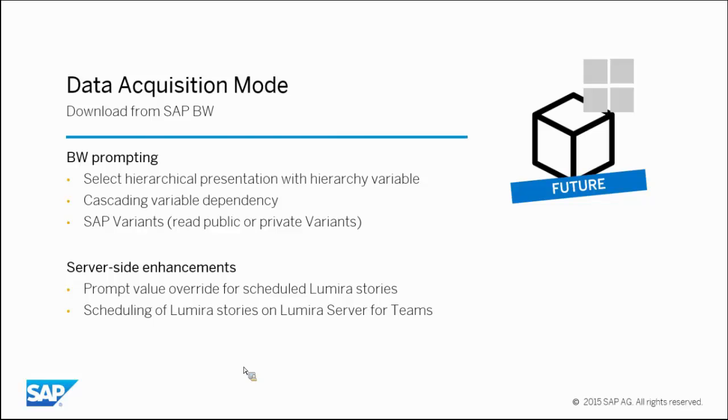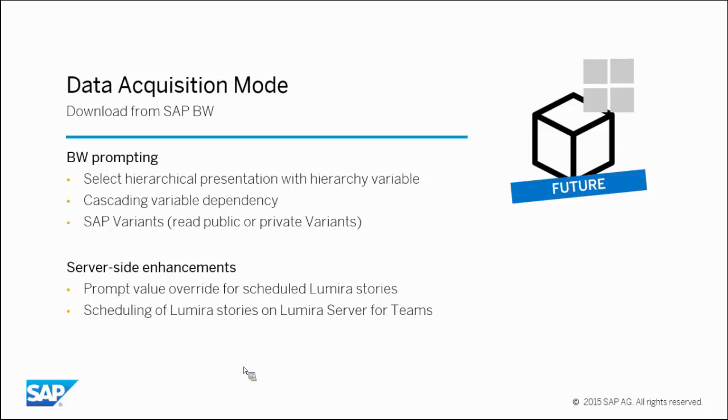A couple of things we are looking at here are support for cascading variables when you have the combination of both hierarchy and hierarchy node variables, and simplifying the workflow of providing the values for the prompts by supporting the variants which are stored on the BW system. And we are also looking at enhancing the capabilities of selecting the values for the hierarchical nodes by providing a hierarchical presentation which you can drill down and select the values.